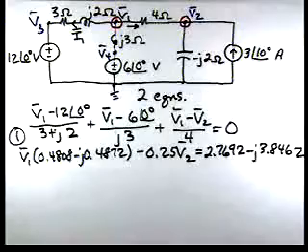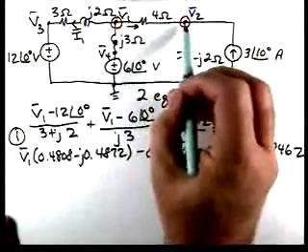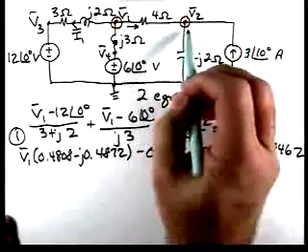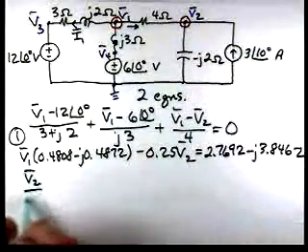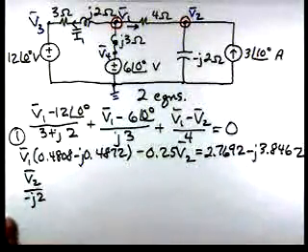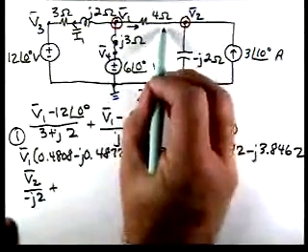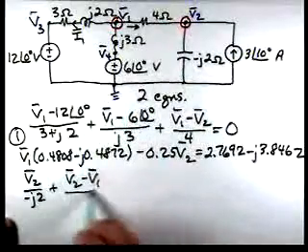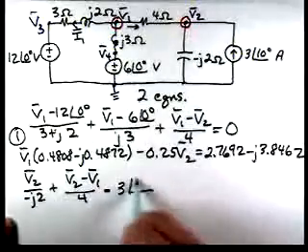Now for our second equation, we're going to apply KCL at this node. And if we look, for instance, we have a current leaving down through the minus J2. So we have V2 over minus J2. Then we'll have another current leaving the node in this direction. So we have V2 minus V1 over 4 equal to 3 at an angle of 10 degrees.